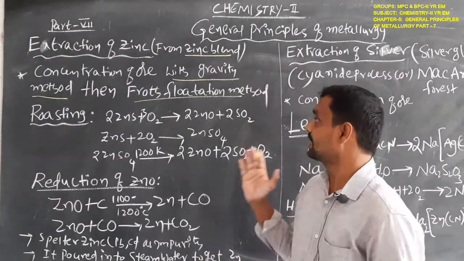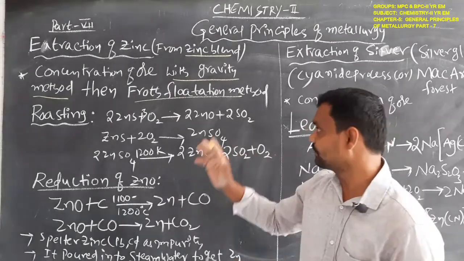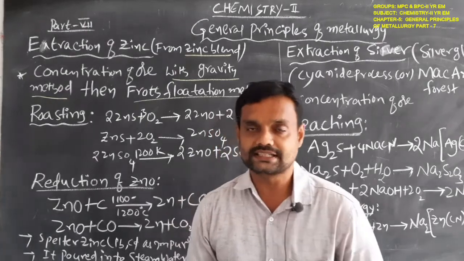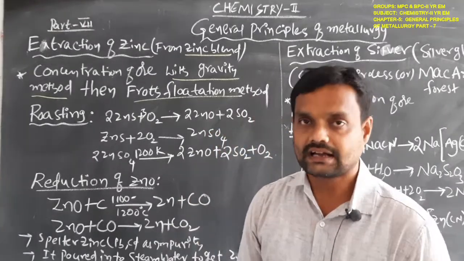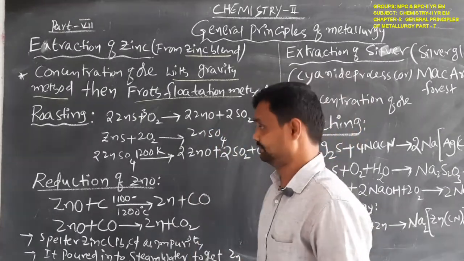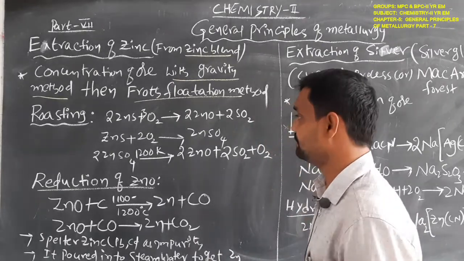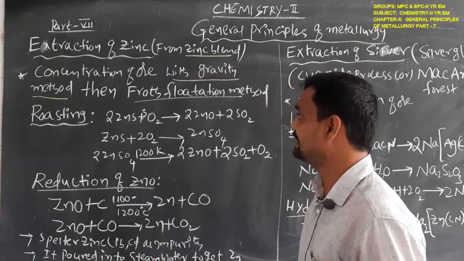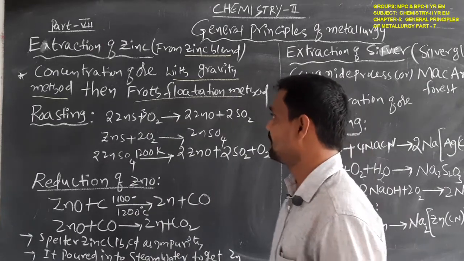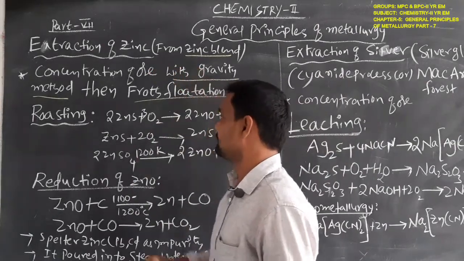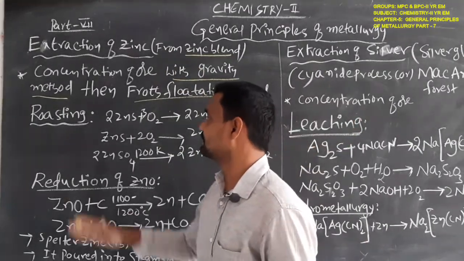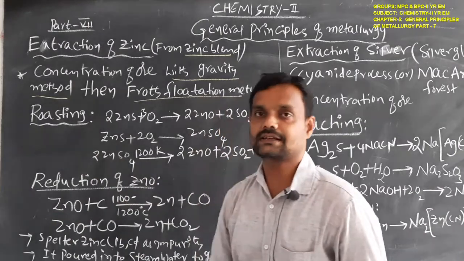So by using the gravity method and the froth flotation method we are increasing the ore percentage, nothing but the ore concentration. Then the ore percentage will increase, and that ore undergoes the roasting process.